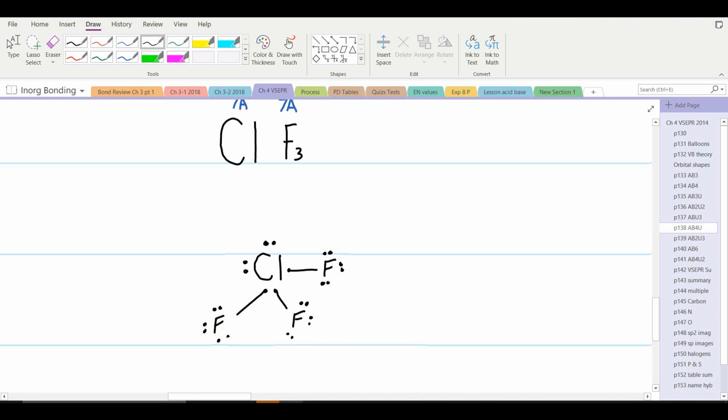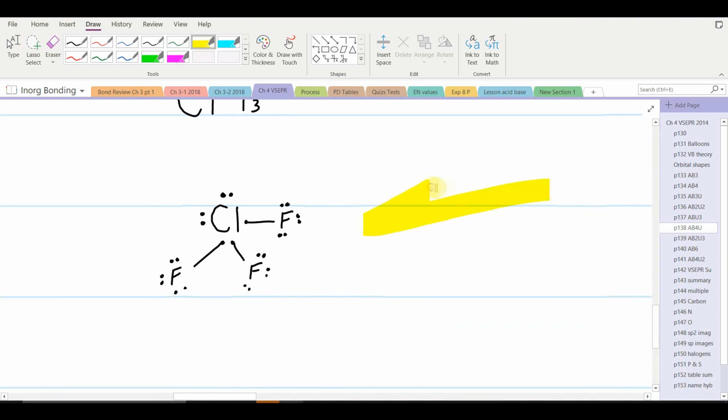So there's 5 electron clouds around chlorine repelling each other. What would that actually look like in 3-dimensional space? Now the fluorines will occupy the axial positions where there's less space. I'll put one back here as well.